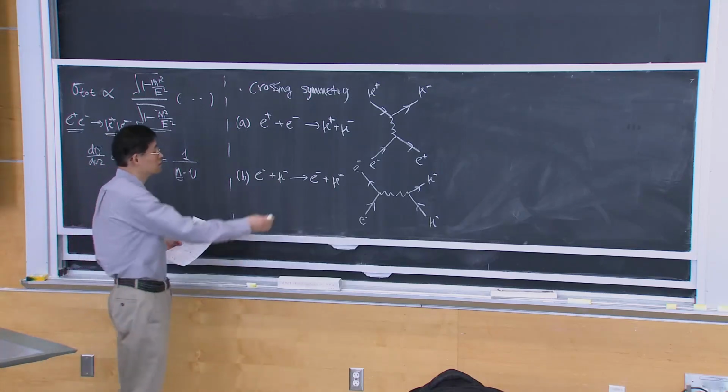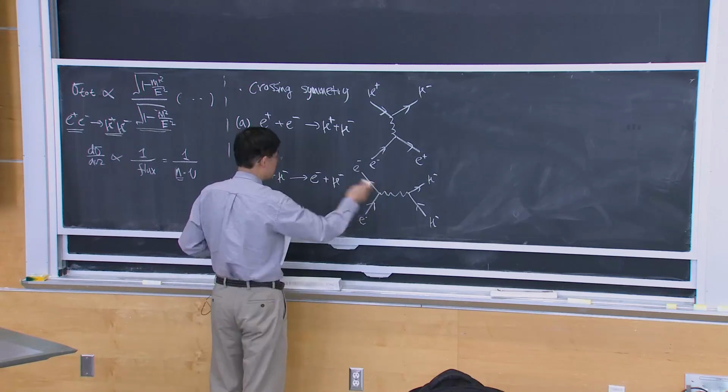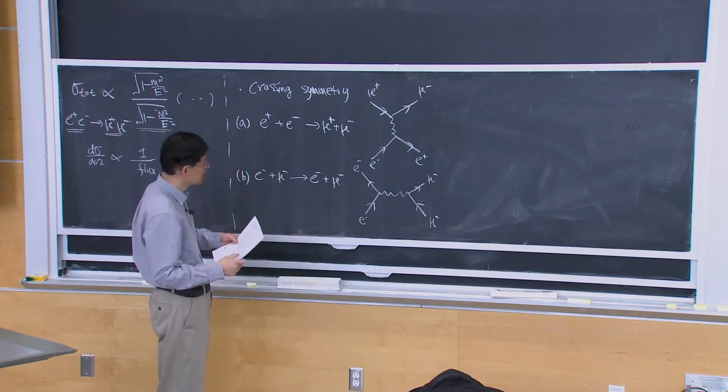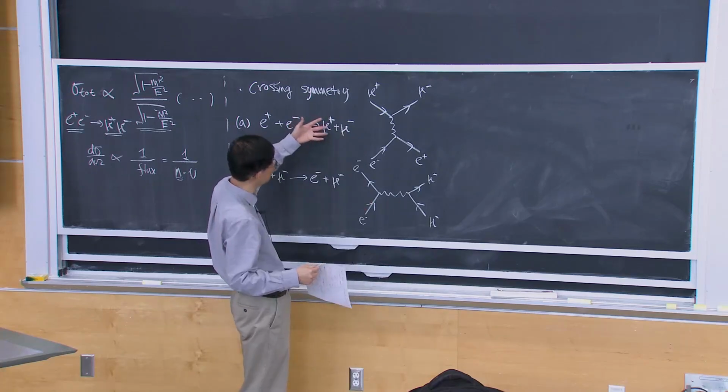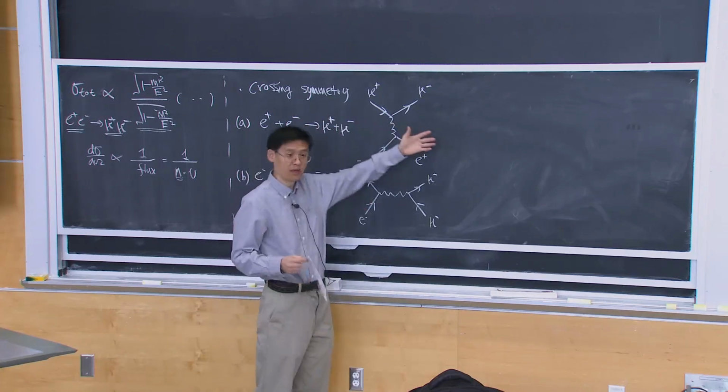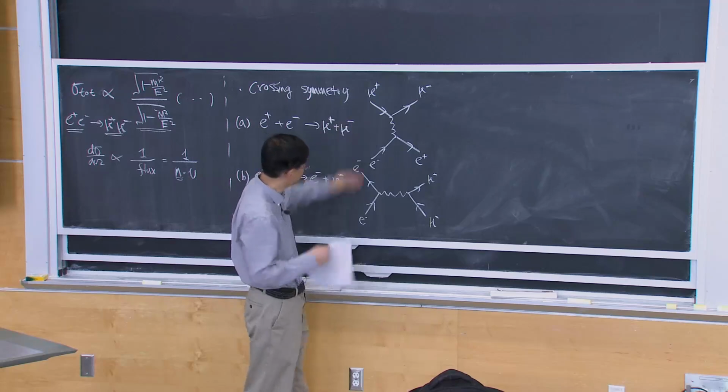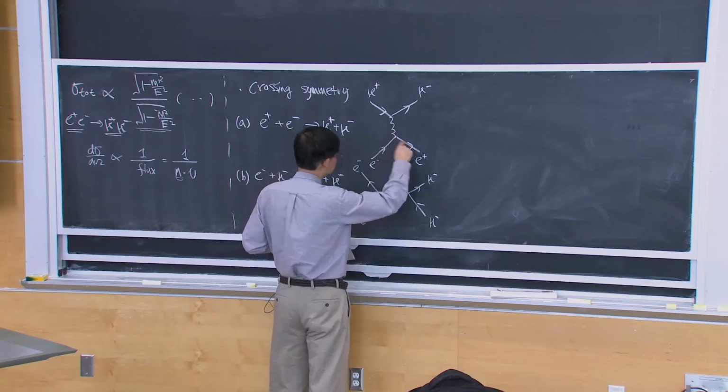If you compare A and B, you can see that the diagram for B is essentially the diagram for A if you view it sideways. You see this goes to that, and this becomes the final state.